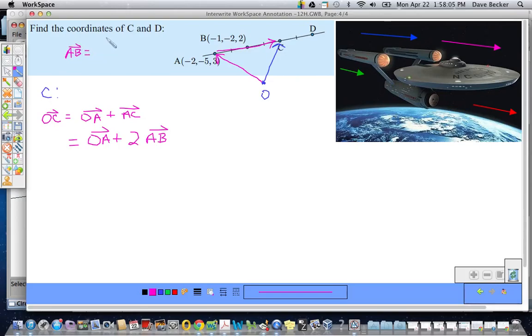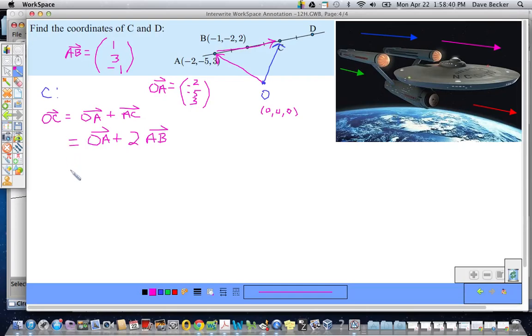because the vector AB is equal to -1 minus -2 is a +1. -2 minus -5 becomes 3. 2 minus 3 is -1. So that's the vector AB. And the vector OA, remember, O is the origin, so it has coordinates 0, 0, 0. So OA is easy. OA is equal to -2, -5, 3, the same as its coordinates. Okay.